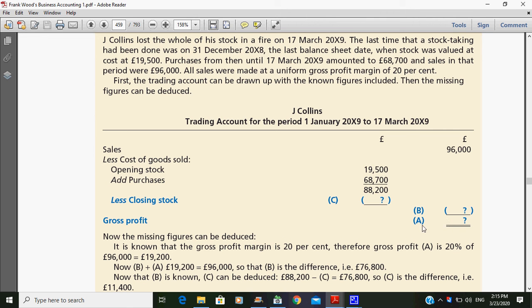Therefore, you're going to subtract 19,200 from 96,000 to get the figure that should be here. Good?